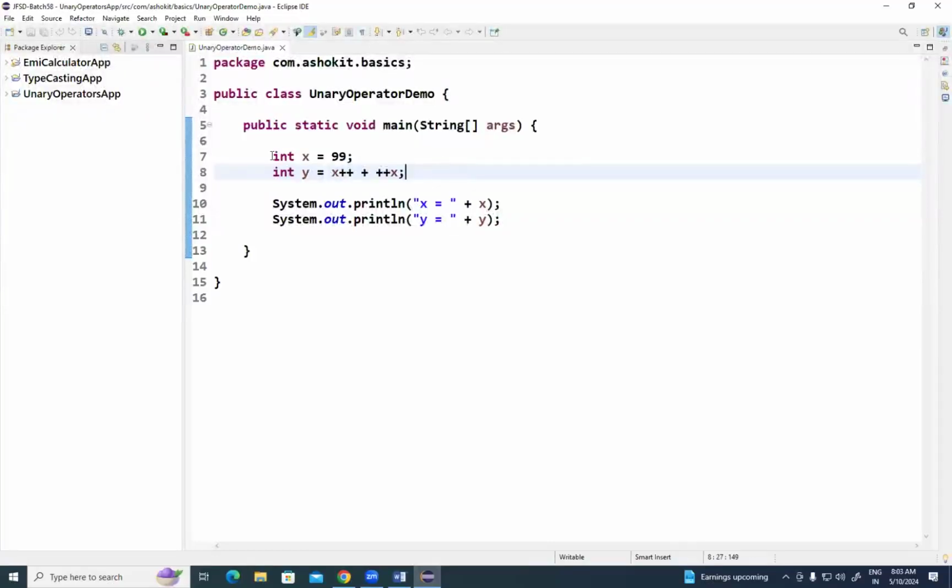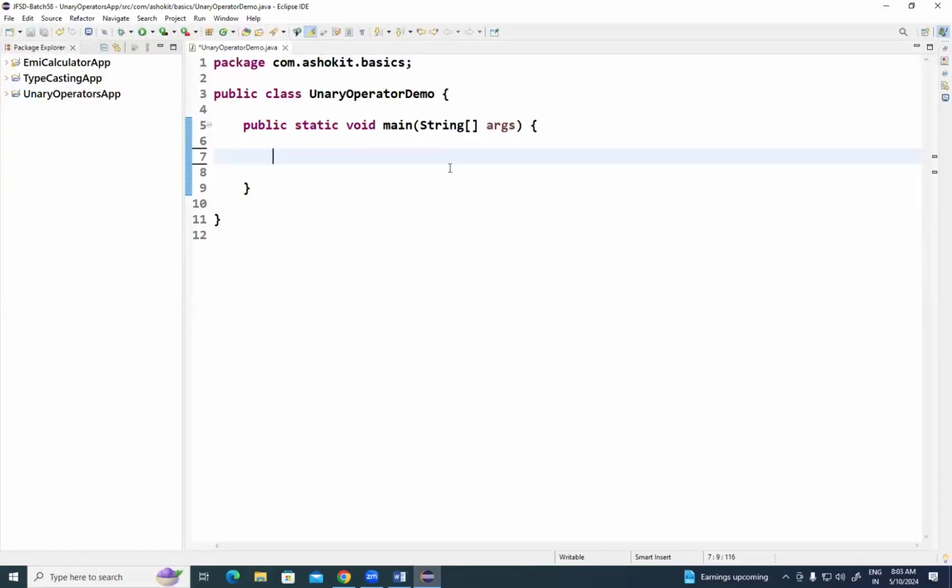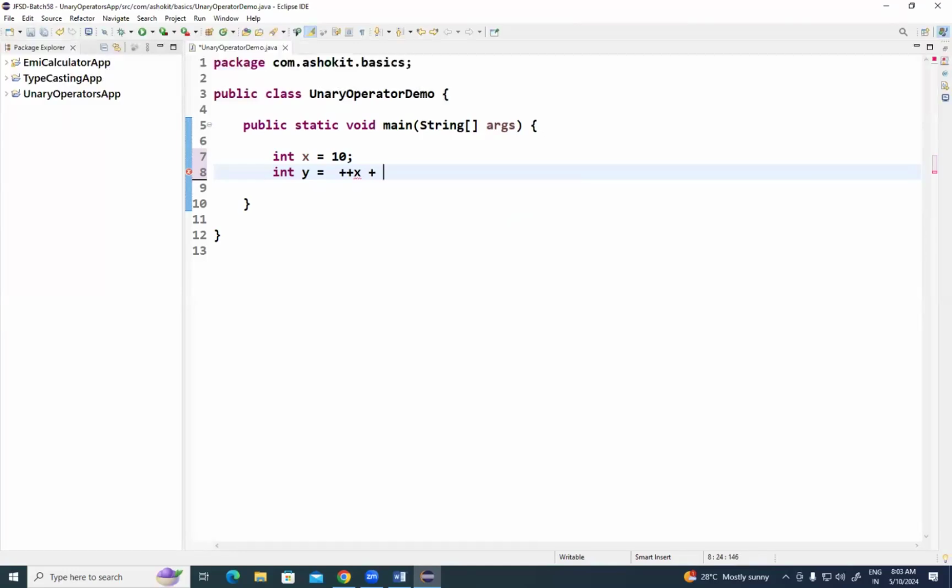See here, folks. int x = 10; int y = ++x + x++ + x--; then System.out.println(x), then System.out.println(y).